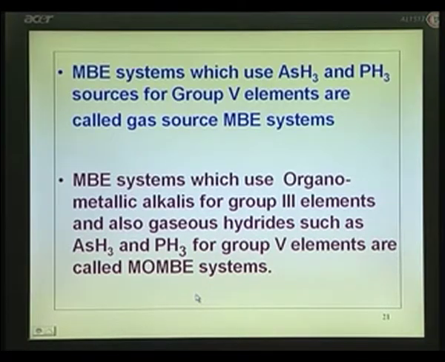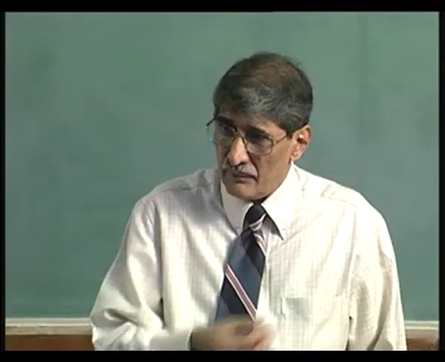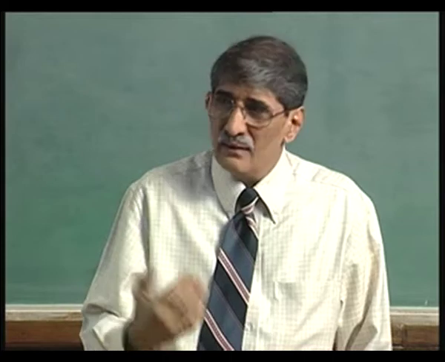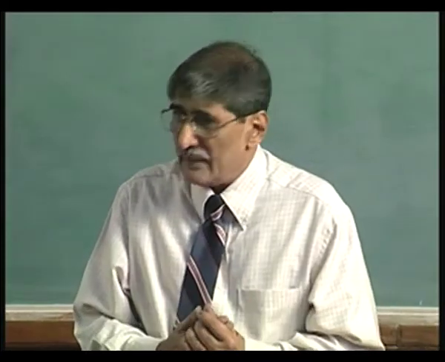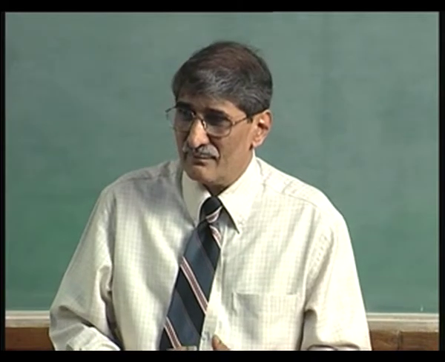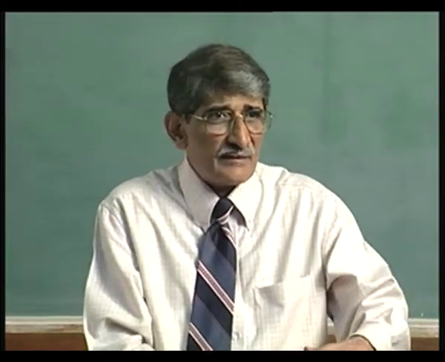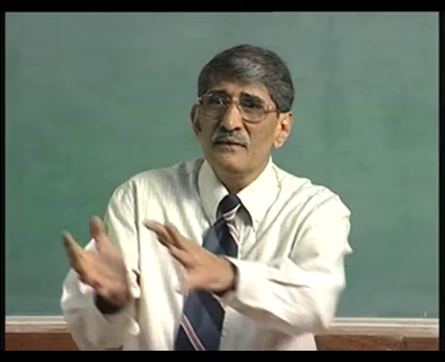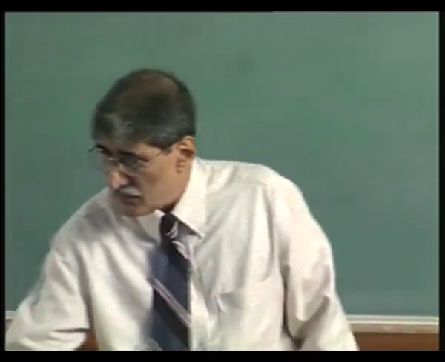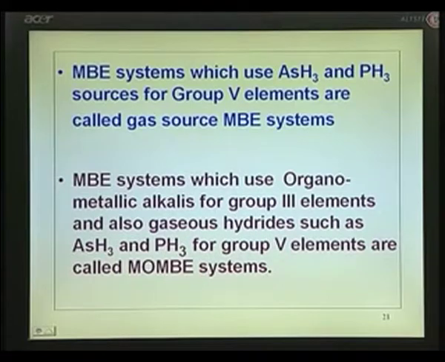Say for example, for gallium, trimethyl gallium, bubble gas through that, let it into the chamber. For indium, trimethyl indium, aluminum, trimethyl aluminum. All those sources are liquids. Let bubble gas through that, let it into the chamber. And for the fifth group, arsine and phosphine. So, such a system is called MOMBE.